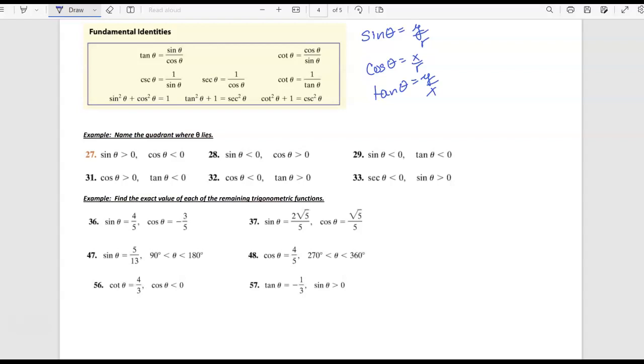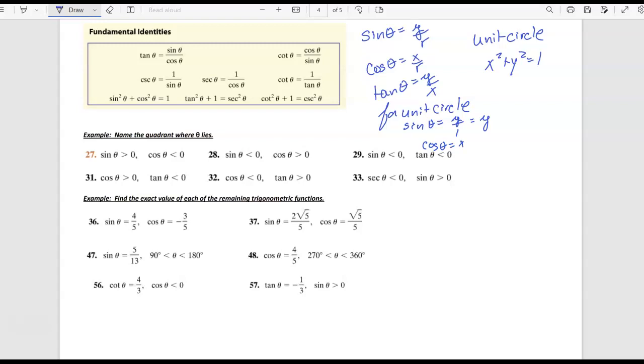When we're talking about the unit circle, we're talking about the equation x squared plus y squared is equal to 1. And if we think about the trig functions in terms of the unit circle, the sine of theta is equal to y over r, but if r is 1, then sine is really just the y coordinate.